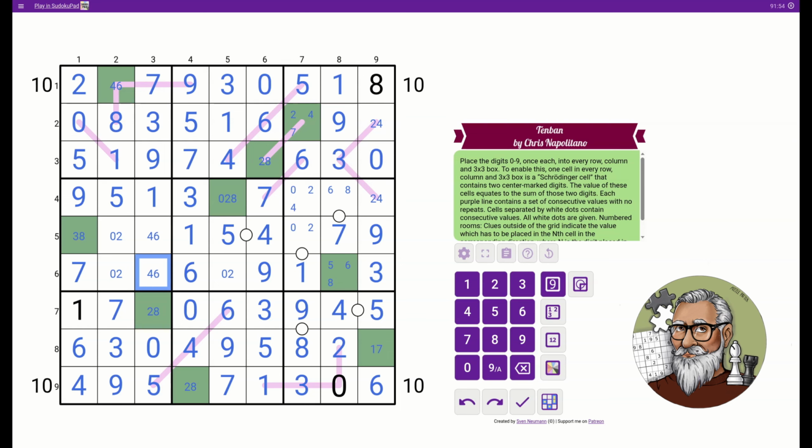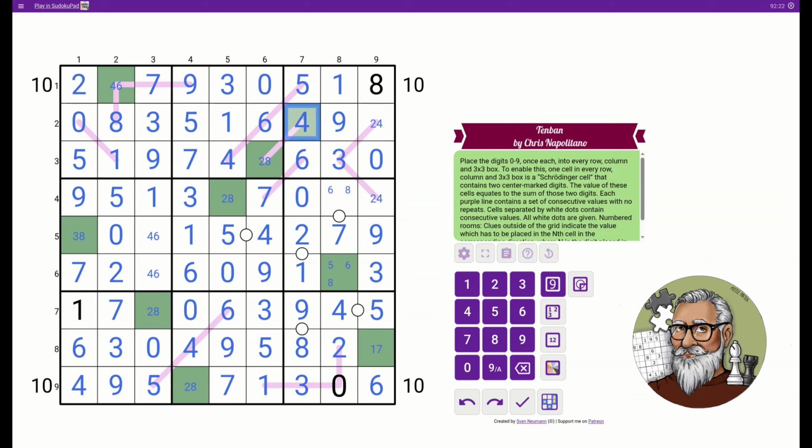I feel like this should be resolved by now. This is definitely an 8. It can't be 0, 8, so this is definitely 2, 8. 0, 8 would just be still an 8. So that's a 0. That's 2, 0, 2, 0, 4.